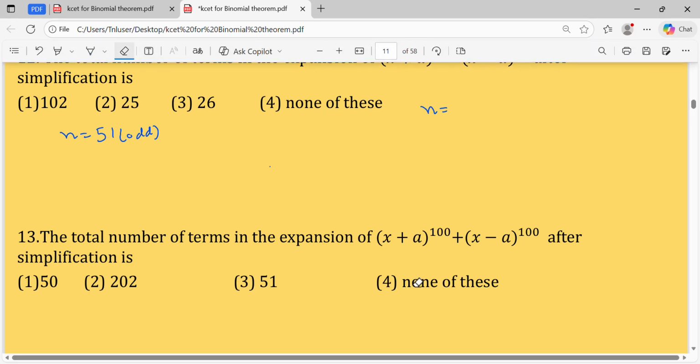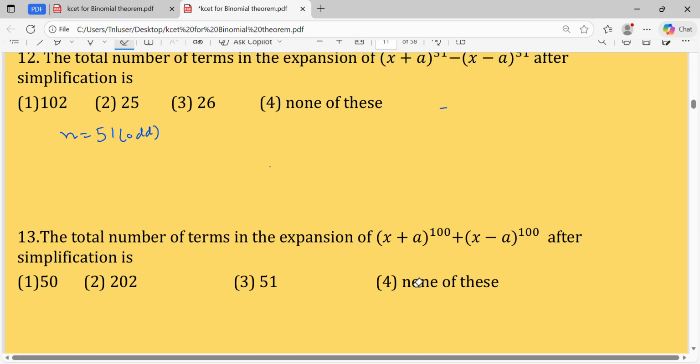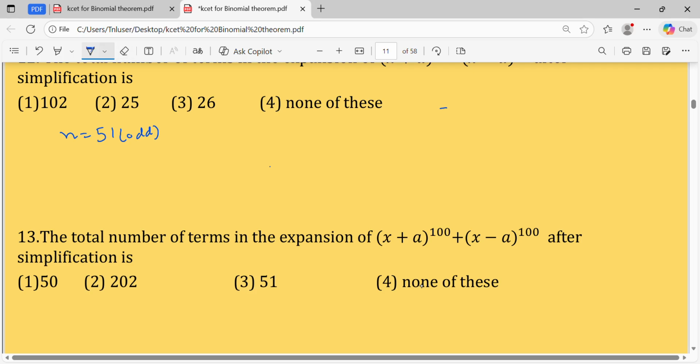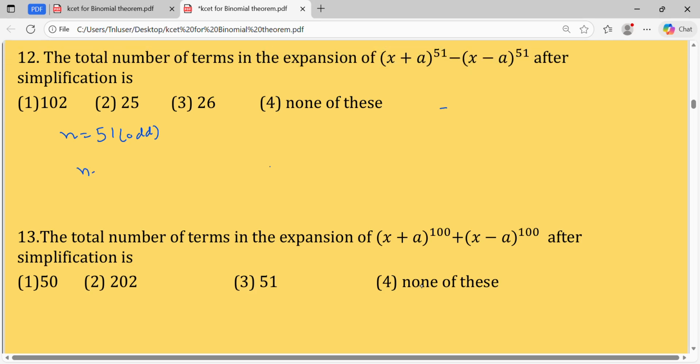The total number of terms formula is (n plus 1) by 2. If it is even, the formula is different. So for odd, (n plus 1) by 2, (51 plus 1) by 2, 52 by 2, that is 26. So the answer is 26.